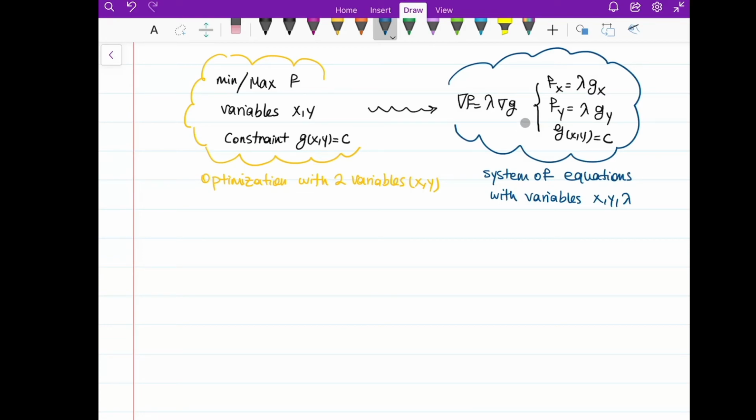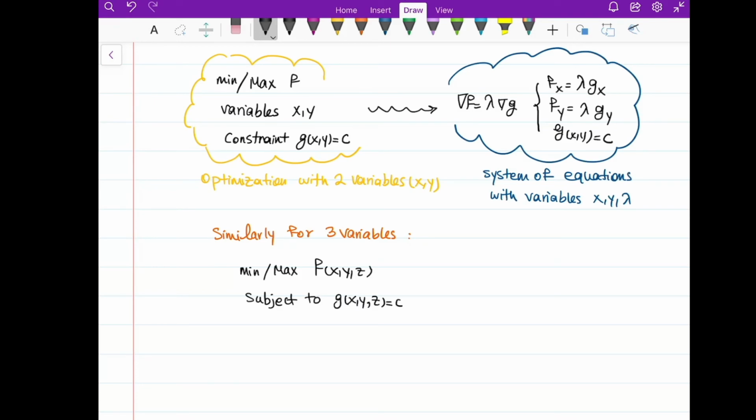Okay, we can do it similarly for three variables. If we want to maximize or minimize f of x, y, and z subject to the constraint g of x, y, and z equals the constant c, I can use Lagrange multiplier.